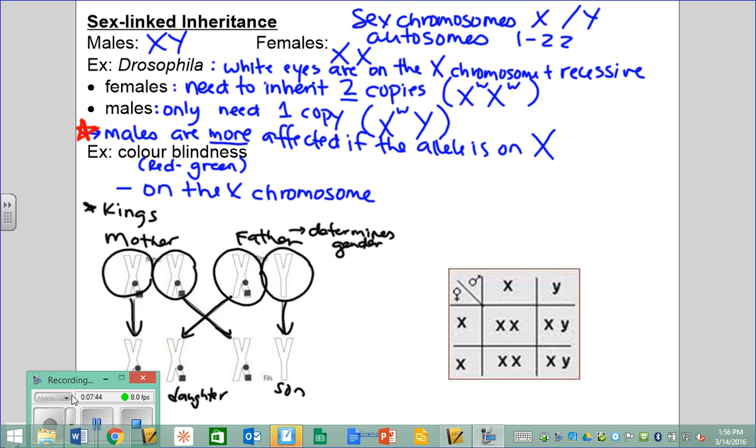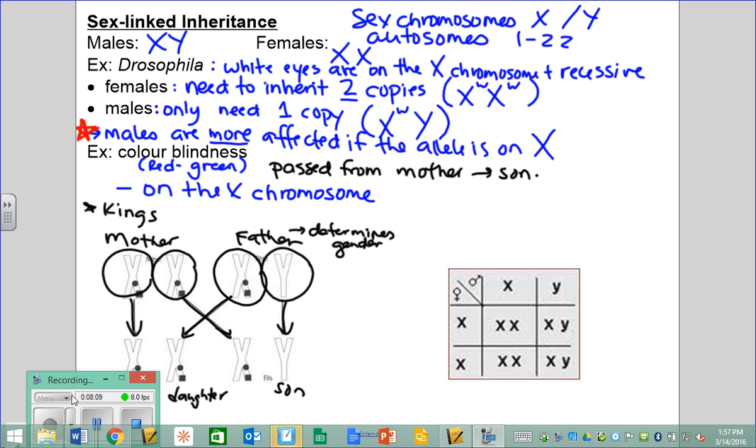Mothers can only give their X chromosome. That is why we would often say that this type of thing is passed from mother to son. That's not the only way it happens, but it's very common to see a mother pass a characteristic that is X-linked onto her son.